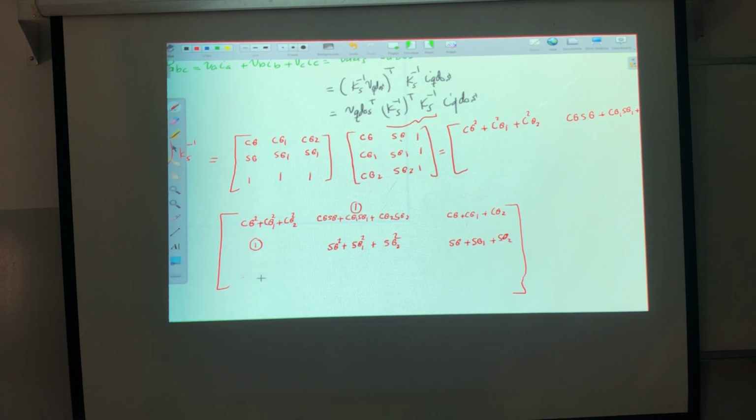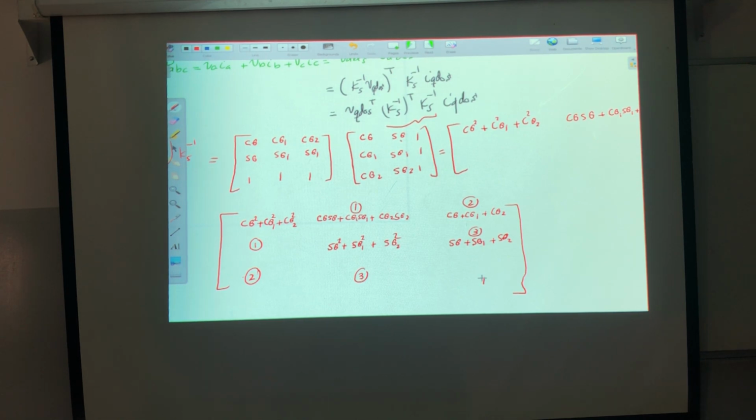This one, the cosine, this one, the sine, this one is what? 1. So simply this one I will call 2. So this will be what? 2. And this one will be the 3. So this will be what? 3. Why 1, not 3? 3.